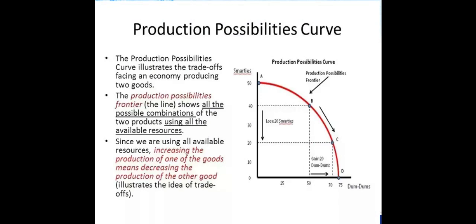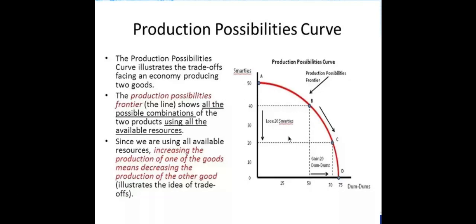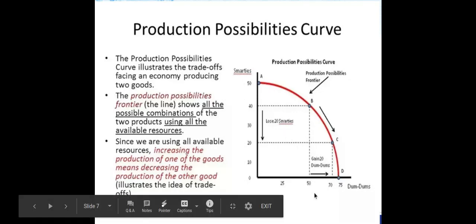It illustrates the trade-offs facing an economy producing two goods. So as we can see here, we've got dum-dums on the bottom and Smarties on the left. With all of our resources, we can make, as you can see here, 50 Smarties, but that means we would make no dum-dums at point A, right?